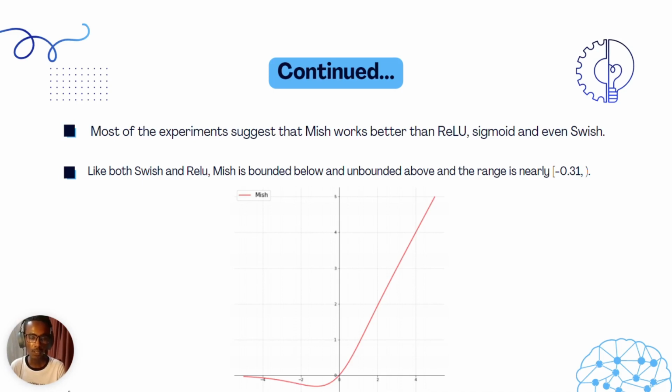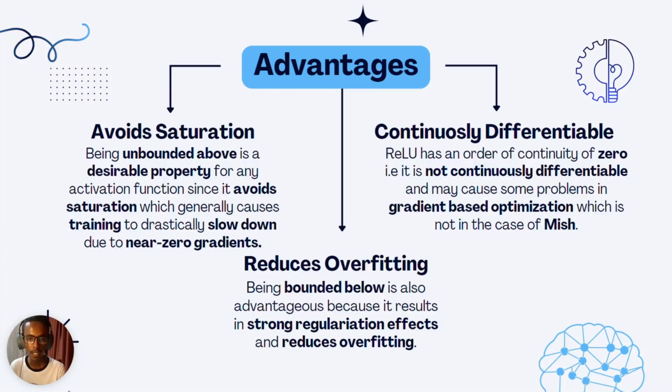And the lower bound starts from negative 0.31, and it goes on to infinity. Then the value of x that outputs the value of negative 0.31 might be in between 0 and -2, as we can see from the figure. And that's all you need to know about the Mish activation function.